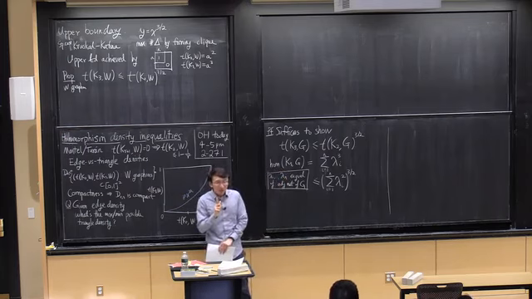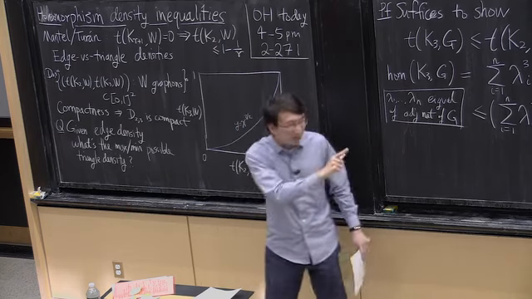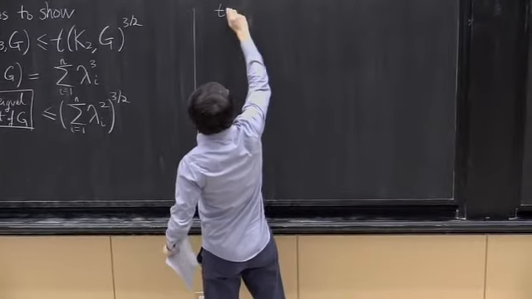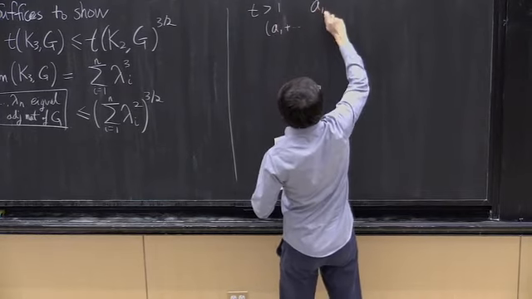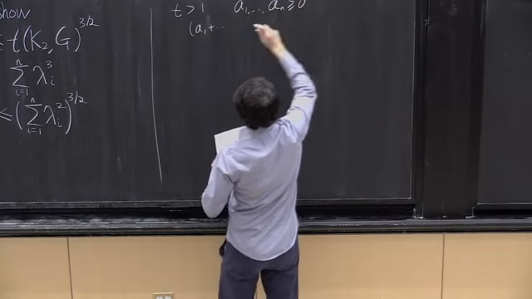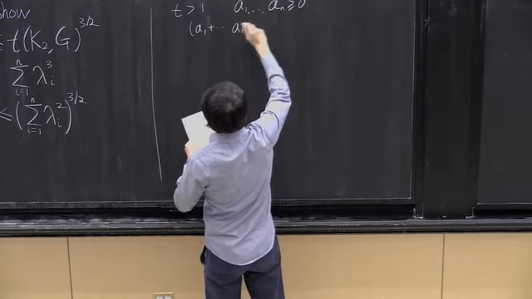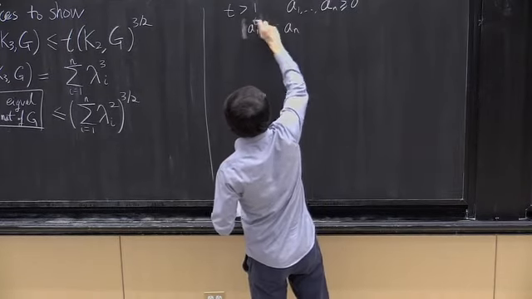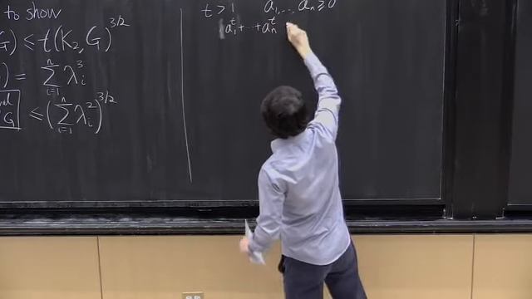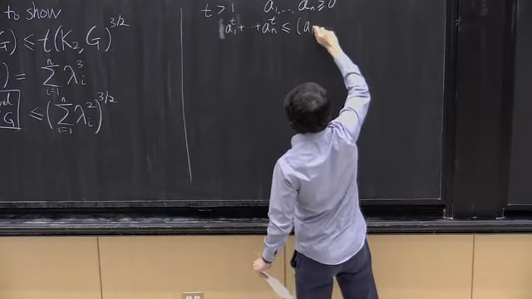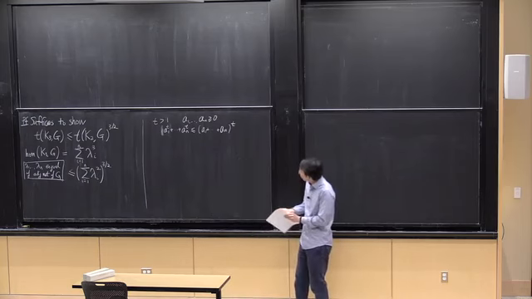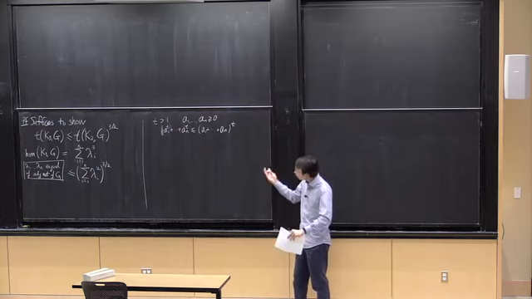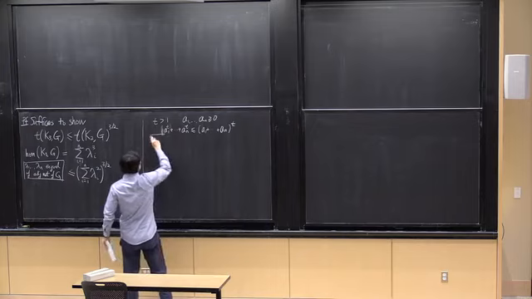The first time I saw this, I was a bit confused because I remembered that power mean inequality shouldn't go the other way. But actually, no, this is the correct direction. Let me remind you why. If you have a positive t, and you have a bunch of non-negative reals, then the claim is that this t-th power sum is less than or equal to the t-th power of the sum. There are several ways to see why this is true. You can do induction, but let me show you one way, which is quite neat.